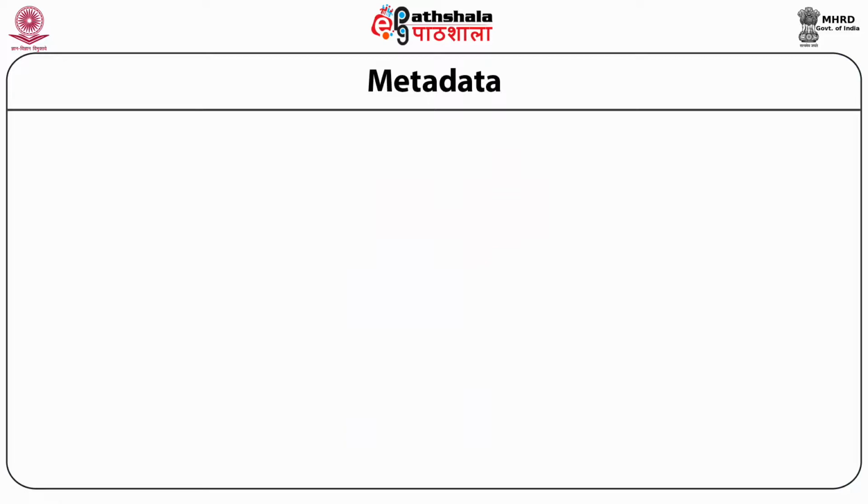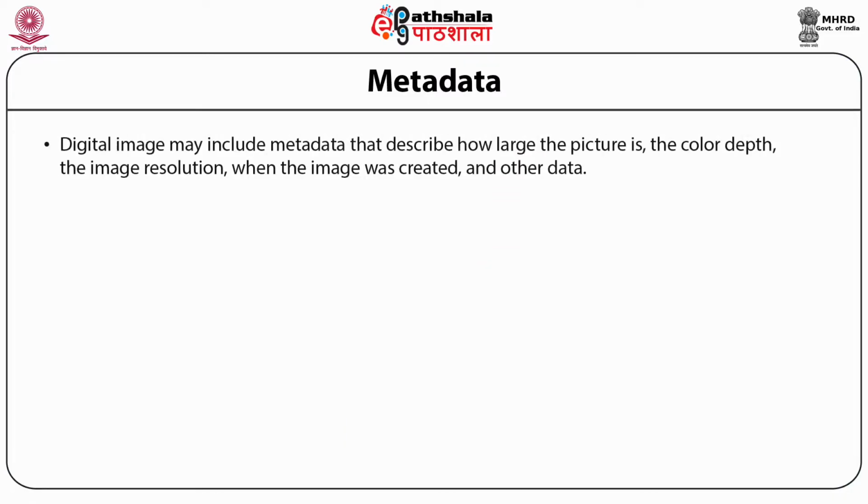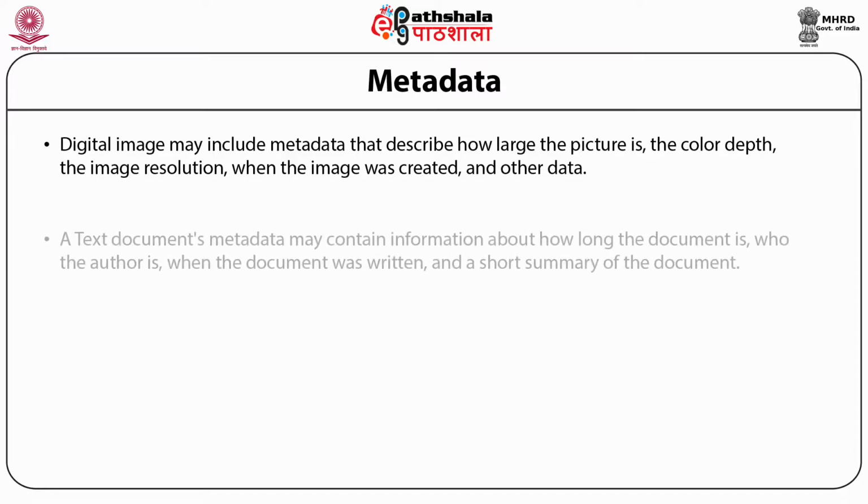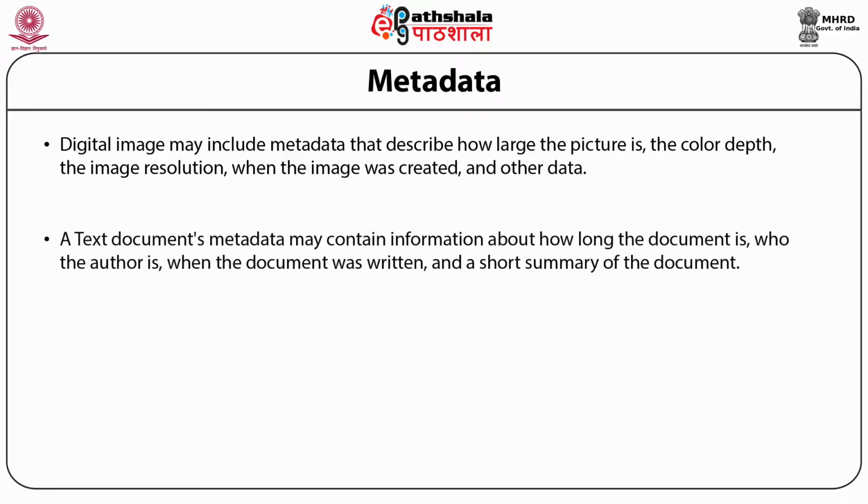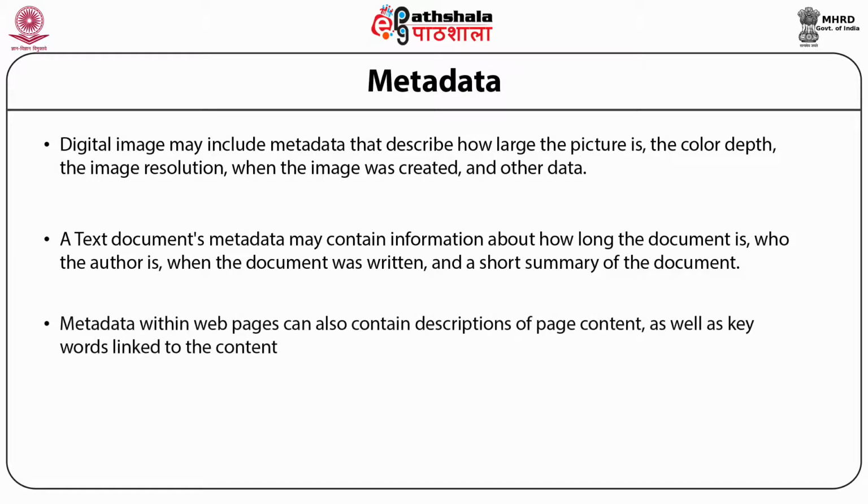Metadata for a digital image may include metadata that describe how large the picture is, the color depth, the image resolution, when the image was created, and other data. In text documents, metadata may contain information about how long the document is, who is the author, when the document was written, and a short summary of the document.